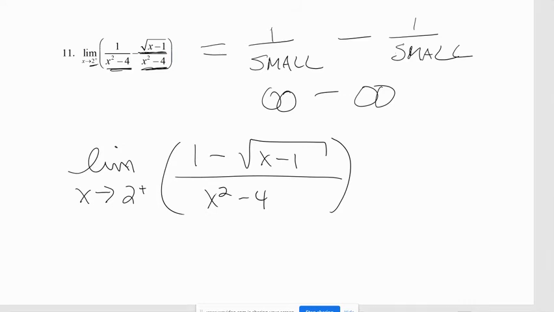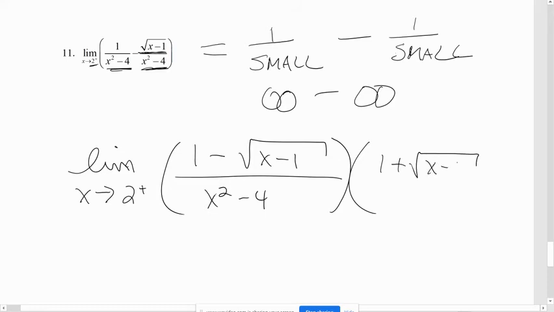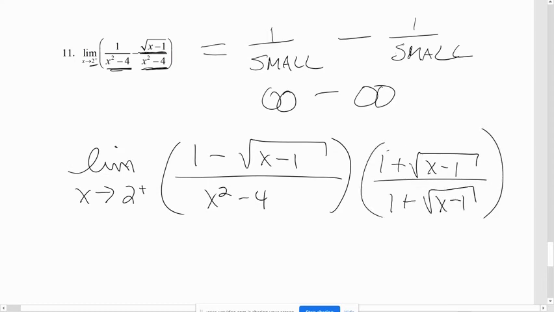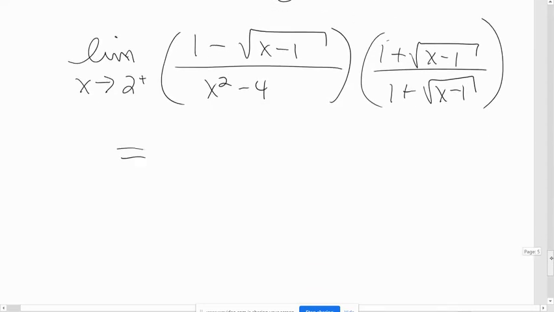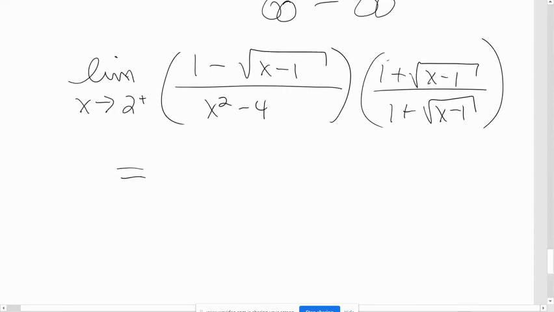But actually, I think I'm going to do the conjugate. I'm not exactly sure why I'm doing this. I think it might be easier. That's my choice. I can use whatever method I want. So I'm going to multiply by 1 plus the square root of x minus 1. Okay, so that was from first semester, also from pre-calc, so you should remember that, multiplying by the conjugate.